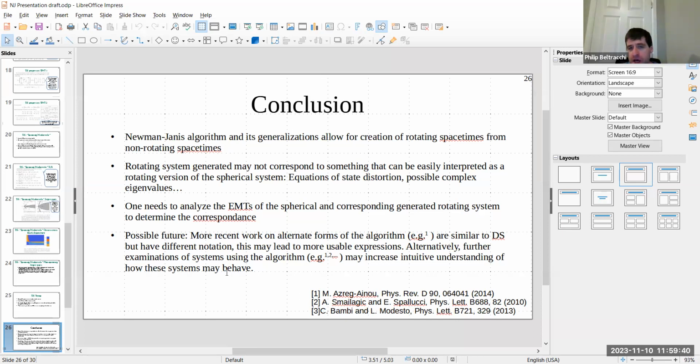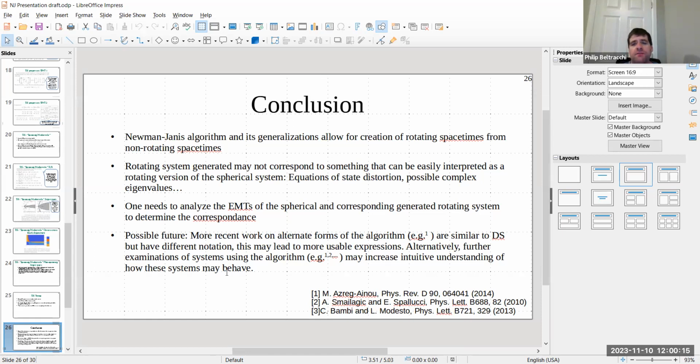We will very often have distortion of the equation of state. In the general Drake-Szekeres case, we could have complex eigenvalues to the energy momentum tensor. So if you're using the Newman-Janis algorithm to create some rotating system, you need to analyze the energy momentum tensors of the spherical and rotating systems to determine what sort of correspondence between the two systems can be drawn.